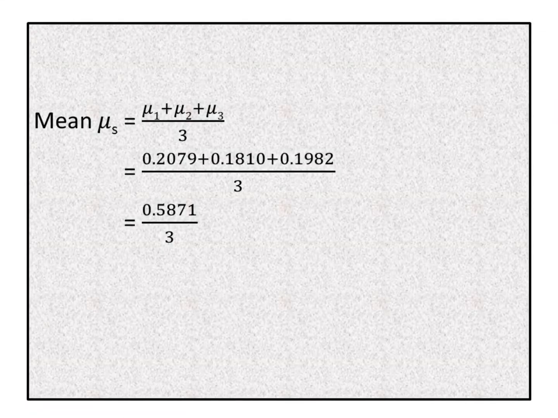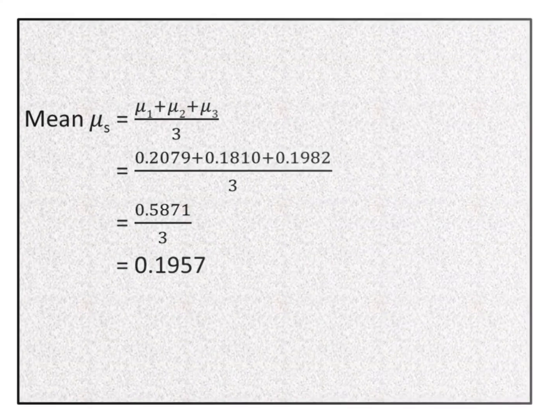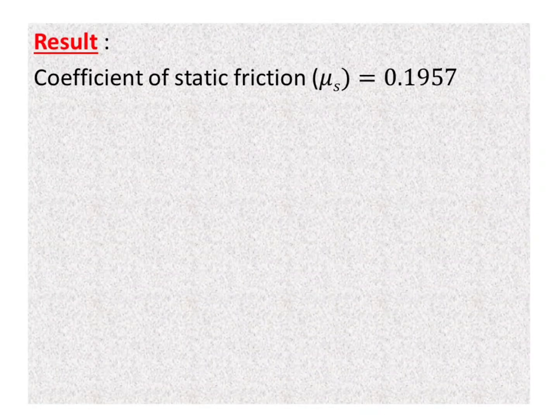So which is equal to 0.5871 divided by 3. So we'll get 0.1957. So mean mu(s) is equal to 0.1957. Now the result. That is, the coefficient of static friction, mu(s), is equal to 0.1957.